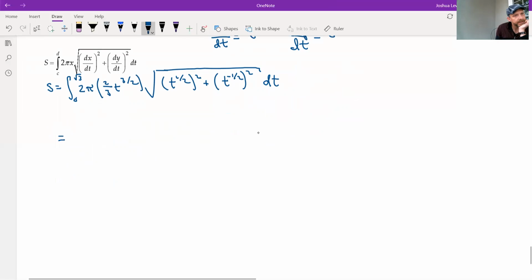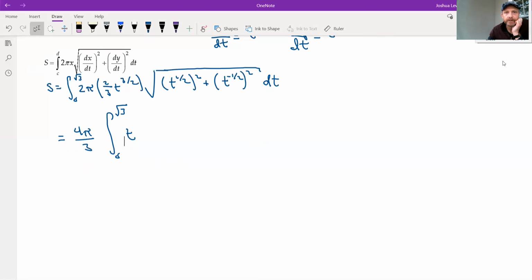And let's just see what happens here. So I'm going to have a, let's see, 2 pi times 2/3. So 4 pi thirds integral from 0 to the square root of 3. And then we've got t to the 3/2.